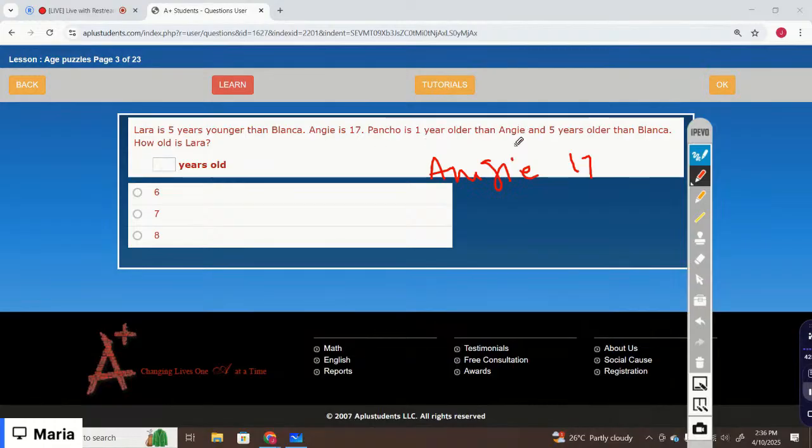Pancho is 1 year older than Angie, so Pancho is 18 and 5 years older than Blanca. That means Blanca's age is 13. Lara is 5 years younger, so subtract 5 from Blanca's age. We will have Lara's age, that is 8 years. Option number three is the correct option. Very good. Lara is 8 years old.